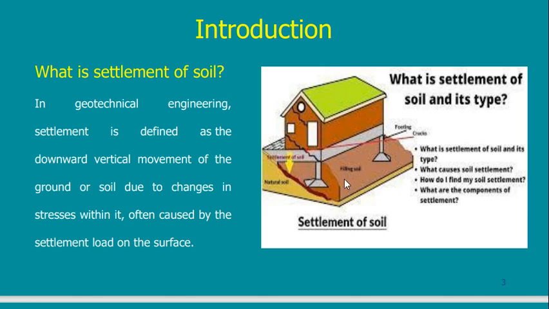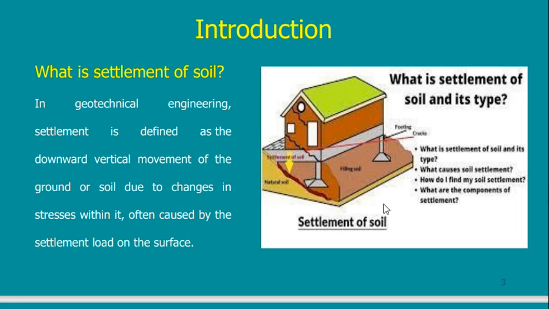What will happen is that each footing will behave alone. If this footing is resting on good soil, the settlement will be small. If this footing is resting on weak soil, the settlement will be high, and so on for the rest of the footings. So my building may be damaged because of what we call differential settlement.